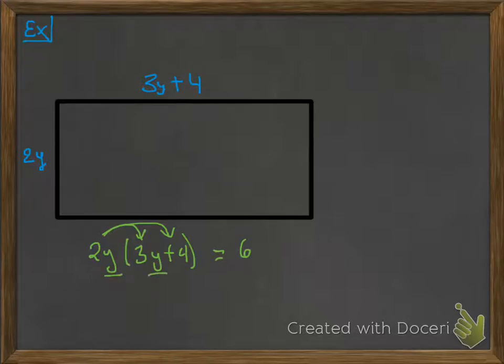So I did the 3 times 2, gets me 6. Y times y, y squared, plus 8y. And that's the area of this shape that I can then use if I wanted to add it to the area of another shape, just kind of like what we did in the first problem there.